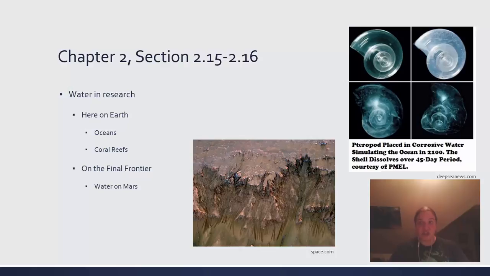Because of changing ocean pH, you can see what happens to these shells over time. They start out looking very lovely and glassy, but over time they become warped and melted, broken down, because the water that they are floating in the ocean is becoming too acidic.